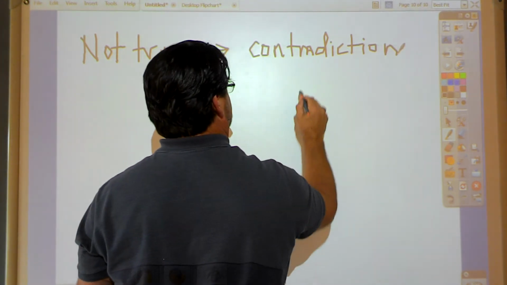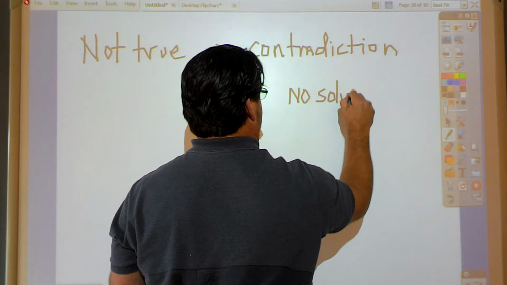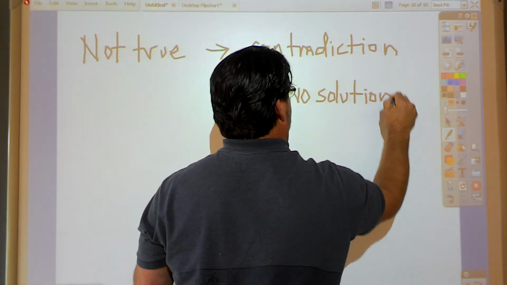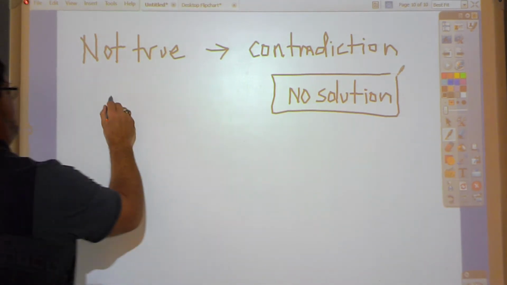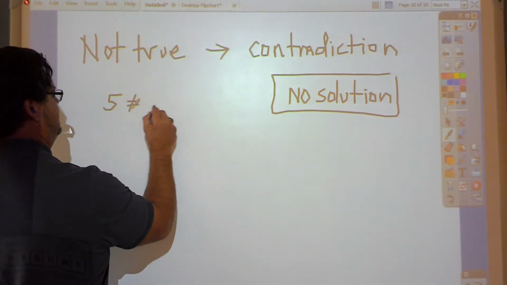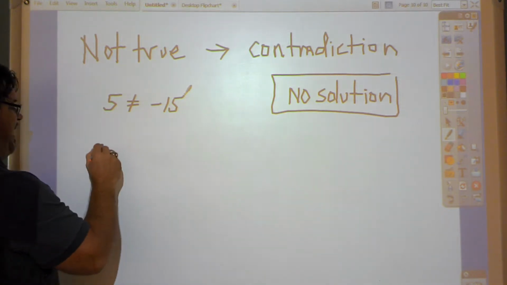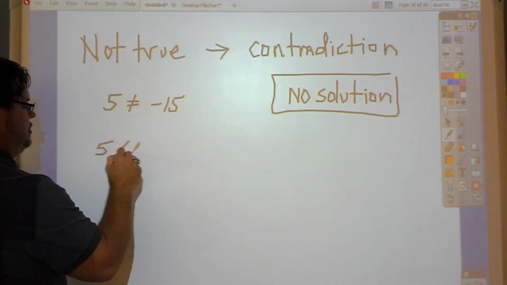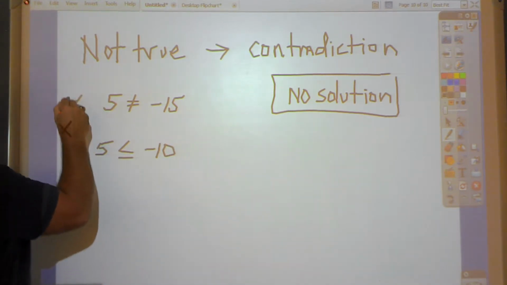A contradiction has no solution, meaning there's no answer, because the statement does not work. Not true means, for example, 5 is equal to negative 15. That's not true. 5 is less than or equal to negative 10. That's not true.